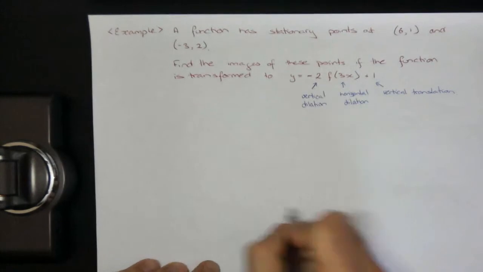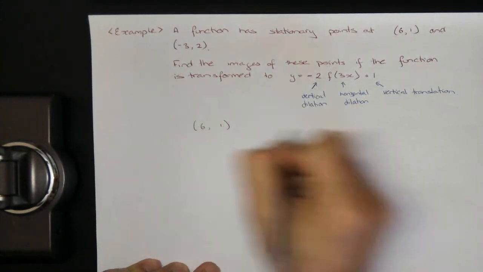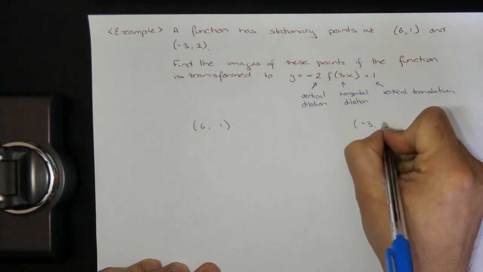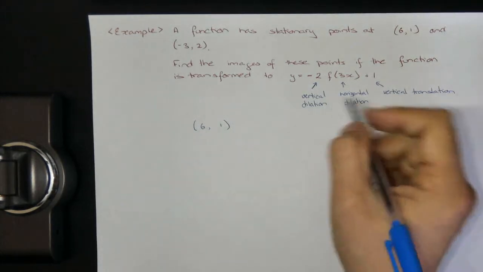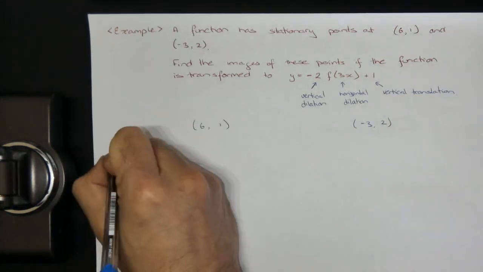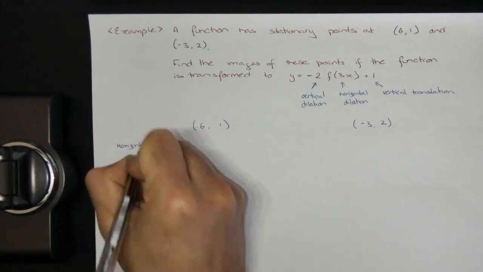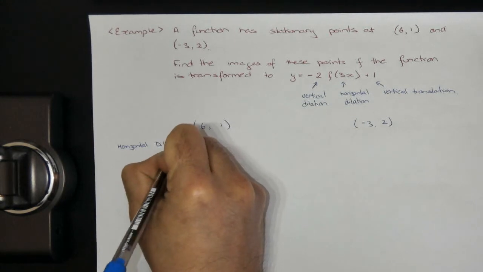Okay, so we're going to start with (6, 1) and (-3, 2). Okay, so what I'm going to do is I'm going to definitely do the horizontal dilation first. So that's going to affect my x coordinates.